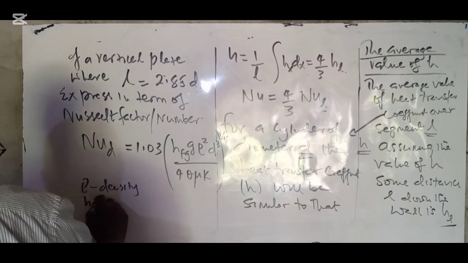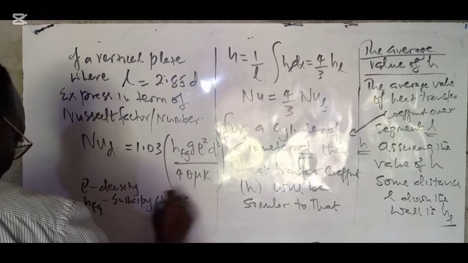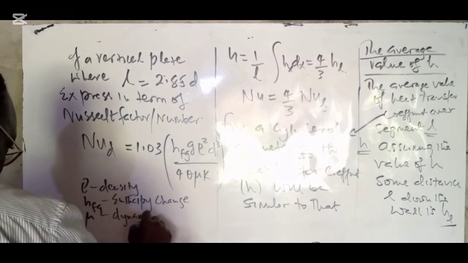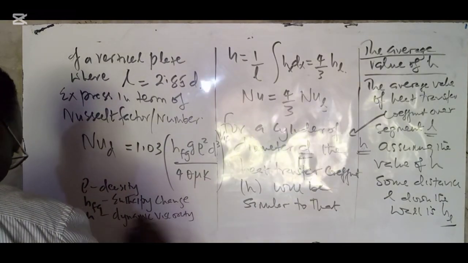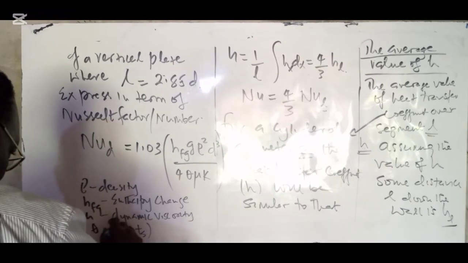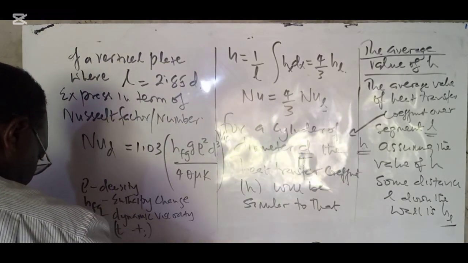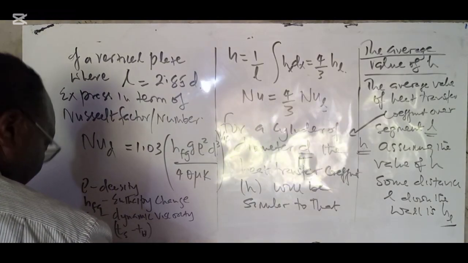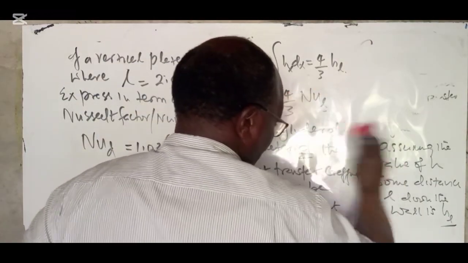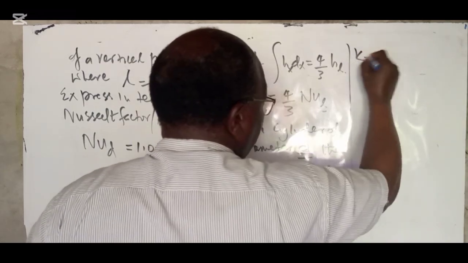That is enthalpy change, mu, dynamic viscosity, theta is temperature change, k, remember, is thermal conductivity.